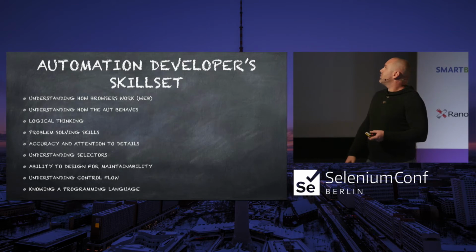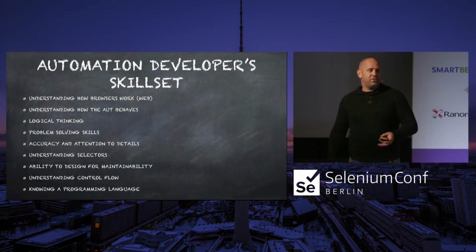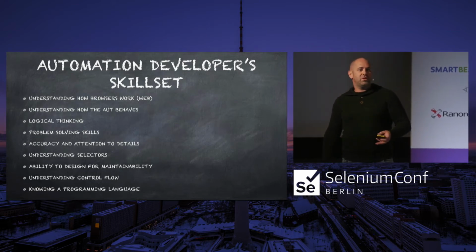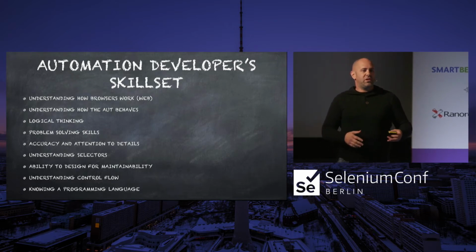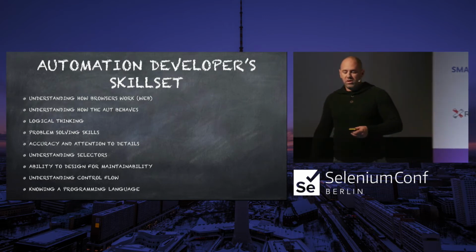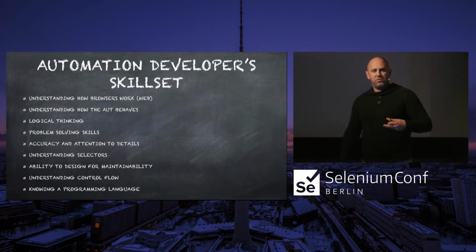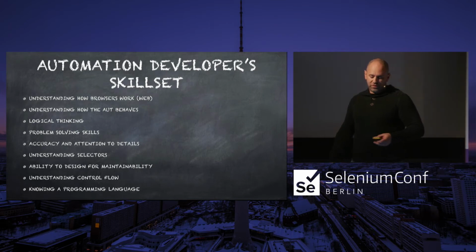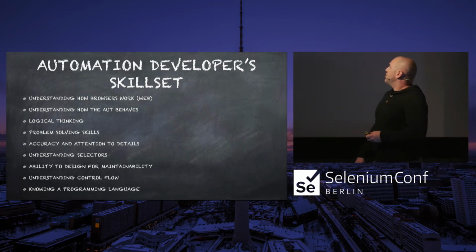Understanding how browsers work. It is necessary to understand how the browser works, what the different flows and events are, the application lifecycle that takes place once you navigate into a page, things that you have to wait for before doing specific actions. Then you have understanding how the application and the test behave.